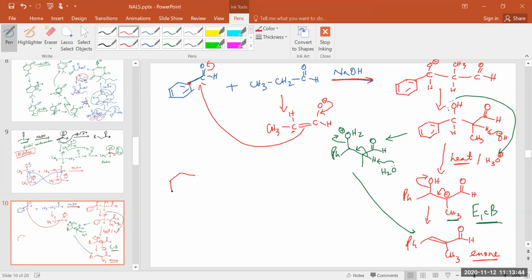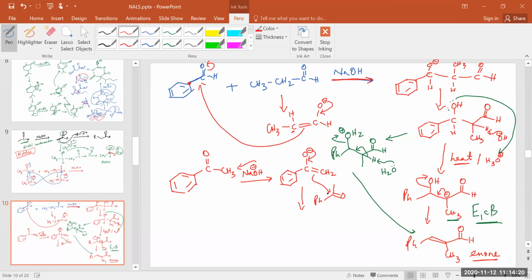So if you have, let's say, acetophenone, and you take a base. So what will happen? This O minus will take one of the protons and it will make an enolate. Okay, so enolate will react with another acetophenone molecule. I'm writing the acetophenone in a simpler structure.